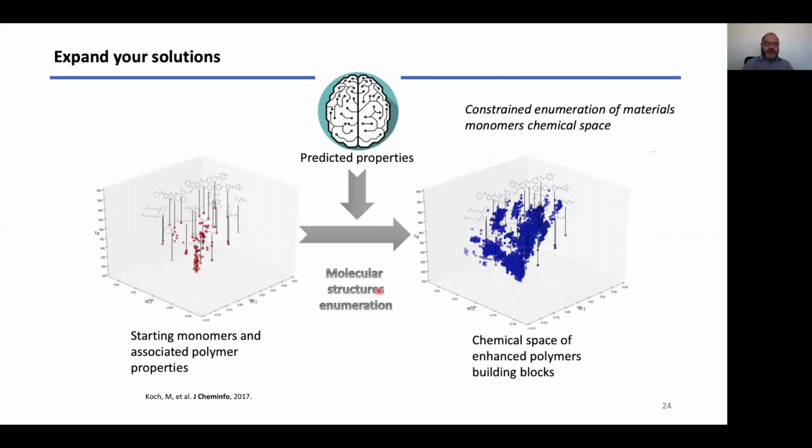So we are applying, as I said at the beginning, these strategies also through machine learning approaches. And this is going to allow us to expand our targets in a more rational way. Just to give you one example.